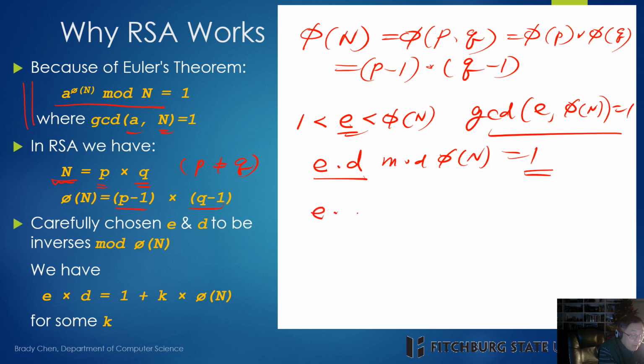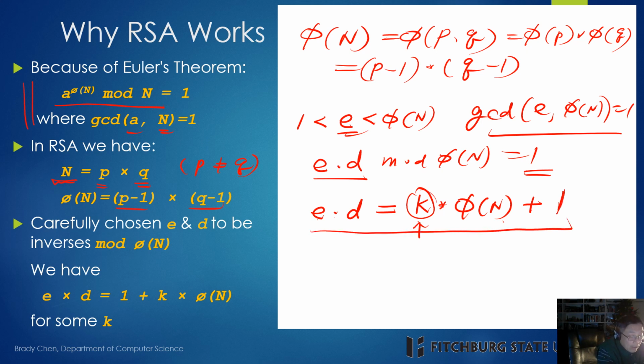So we can write e times d as phi of n times some number k plus the remainder 1, where k is the quotient. When you divide e times d by phi of n, you get a quotient k and the remainder 1, so you can write e times d like this.